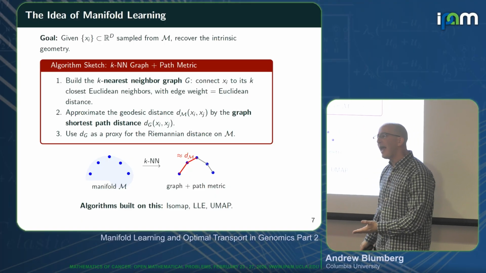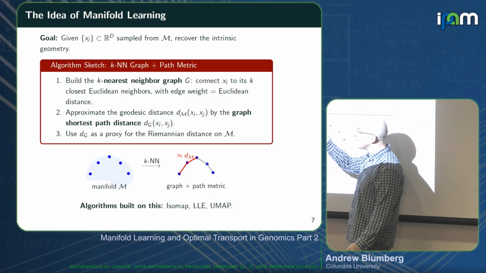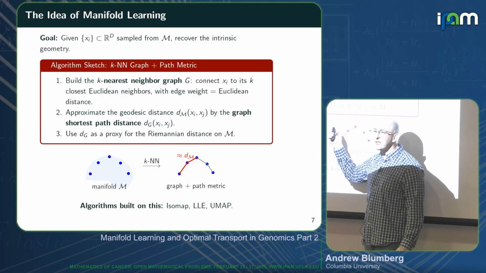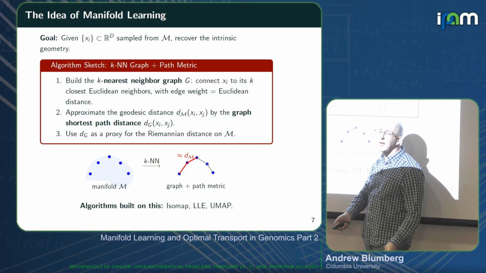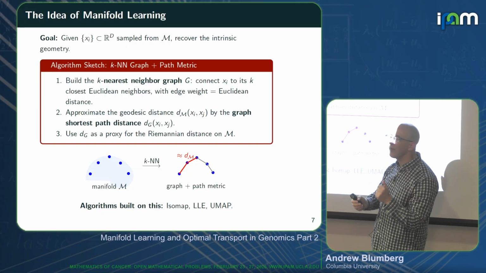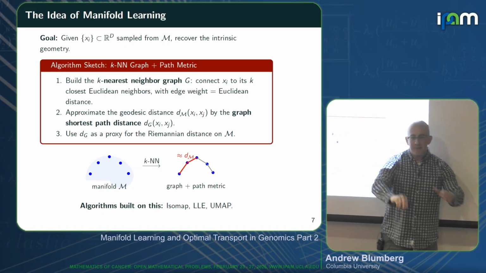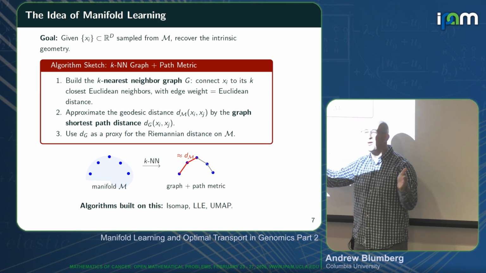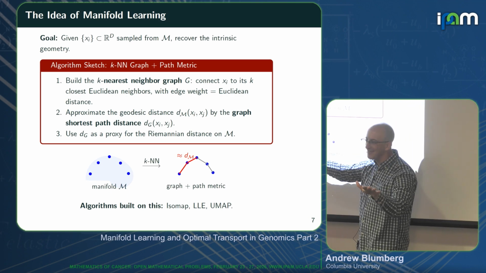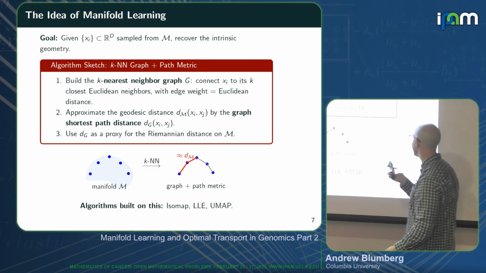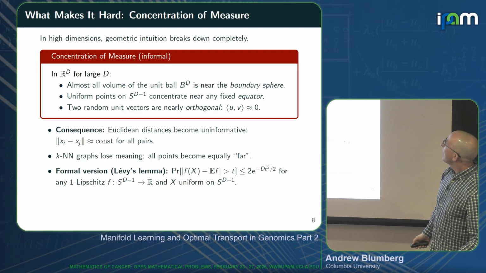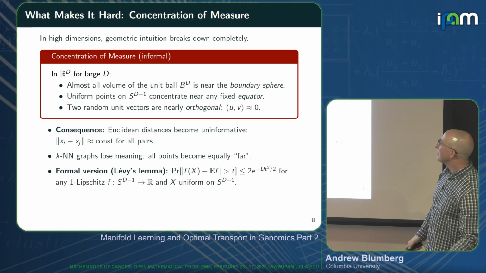What you can prove is that the rate depends, as you would expect, on something like the intrinsic dimension, but also on some bound on the curvature, or the injectivity radius, about your manifold. If it's all crinkly, you need more points than if it's flat. Okay, no surprises.